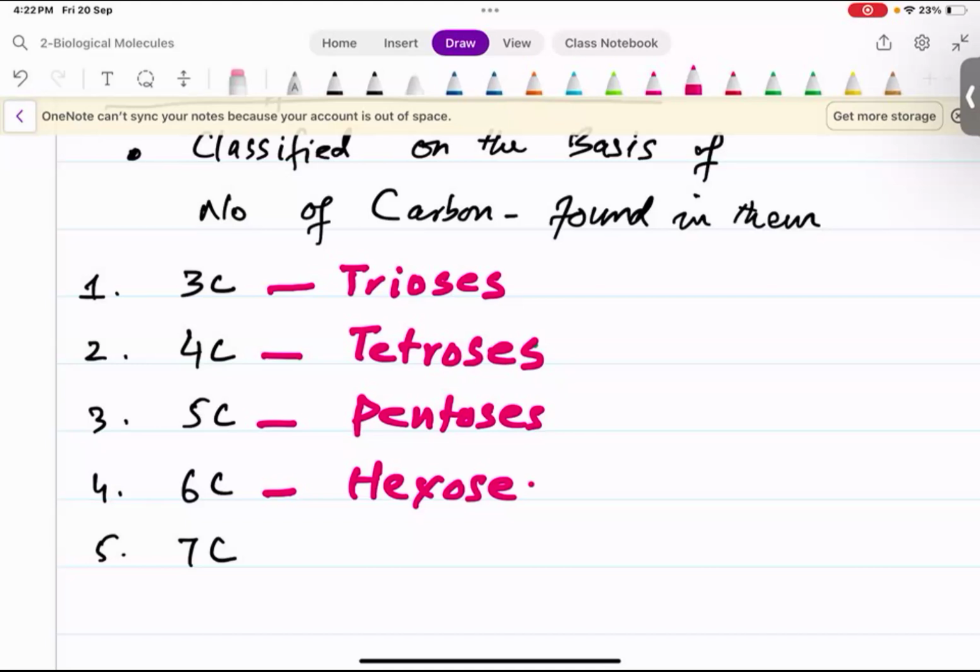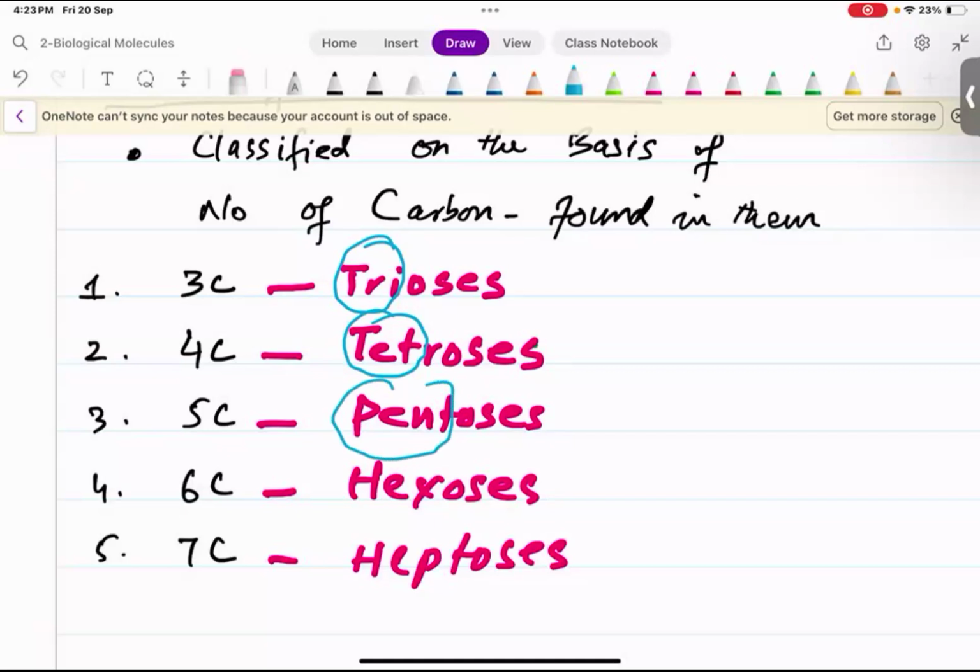If there are 7 carbon, they are known as heptoses. So, tri stands for 3, tetra stands for 4, penta stands for 5, hexa stands for 6, and hepta stands for 7. And we add OSE at the end for sugar.